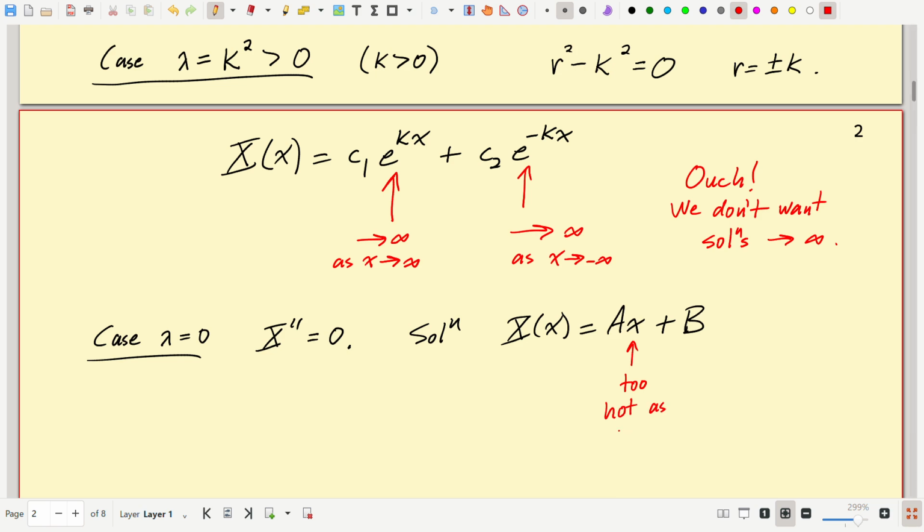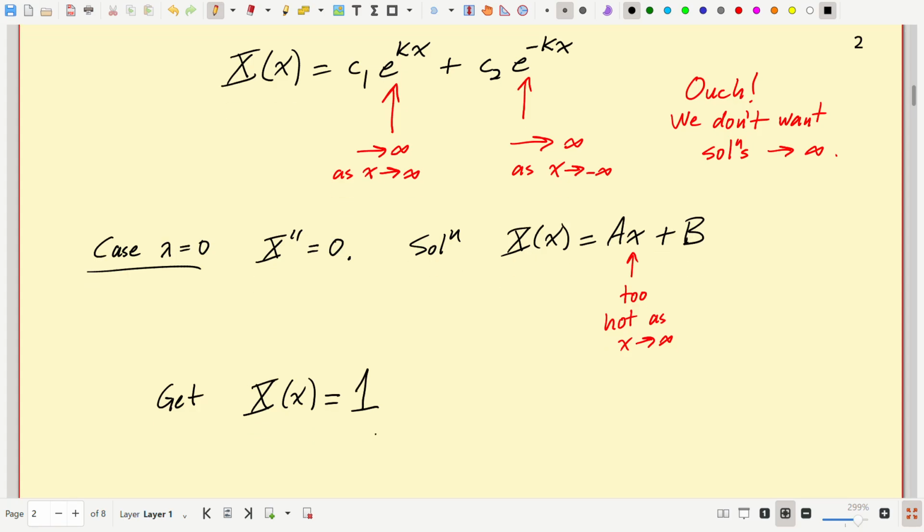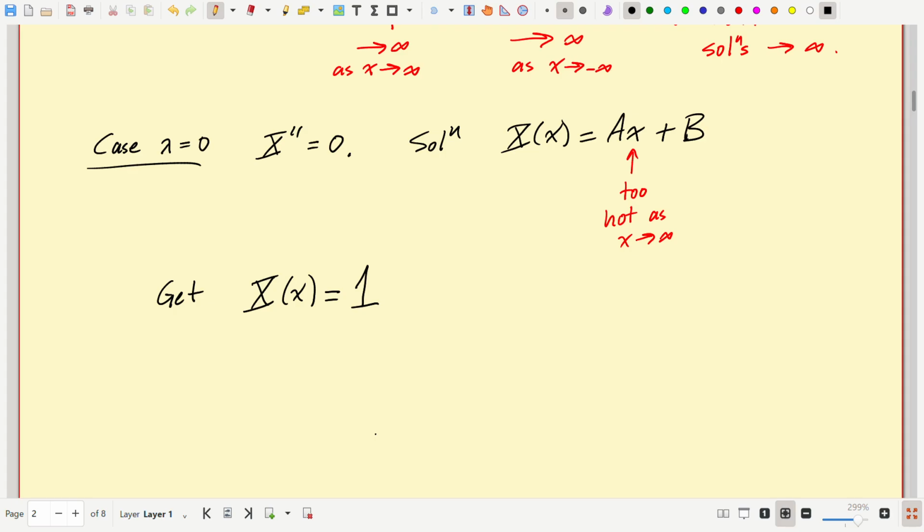But the constant solution is okay. So we get X of x, take it to be 1. We're going to add these things up with constants in front of them later, so I won't write the b, I'll call it 1. And when I use it, I'll multiply it by something.